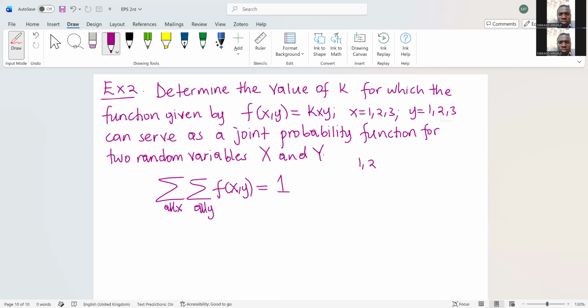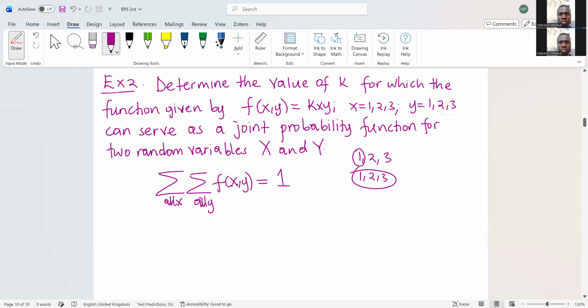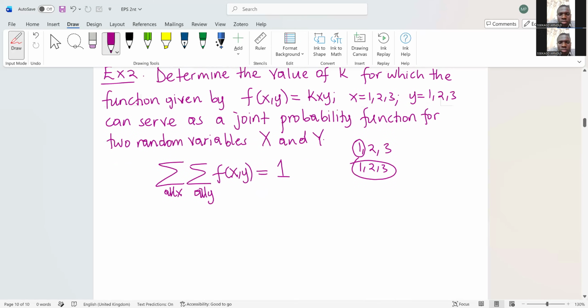Anyway, all the same. So you have 1, 2, and 3. Still 1, 2, and 3. So you fix 1, then you vary the others. Fix 2, you vary the others. It is something which can also be summarized in a table. So what do we have here?